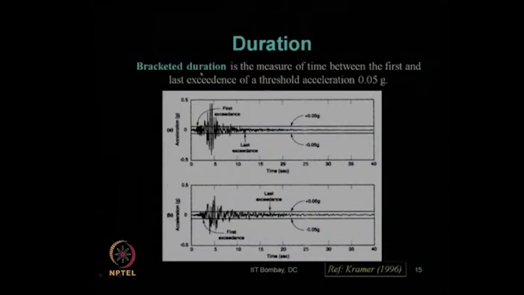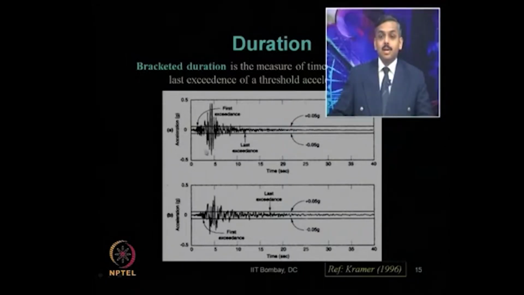So, what the bracketed duration says, suppose your acceleration versus time profile looks like this. This is a random motion like this, and you have to look in that acceleration time history data, the basic data, after filtering out of course the noises etc.